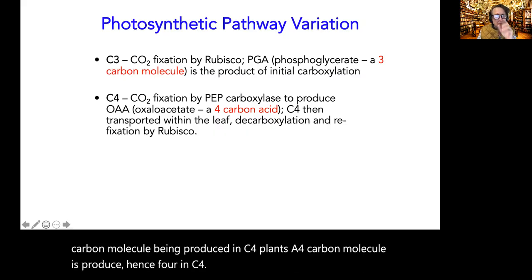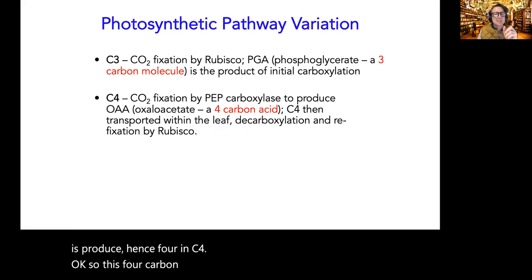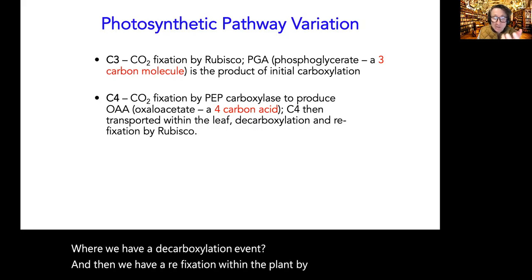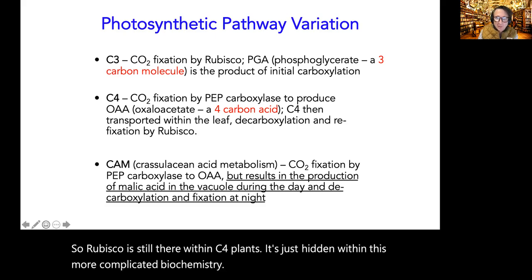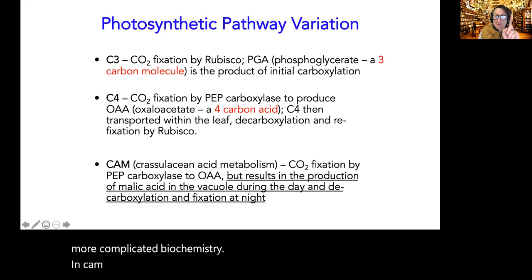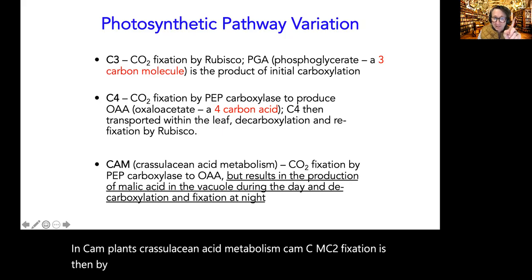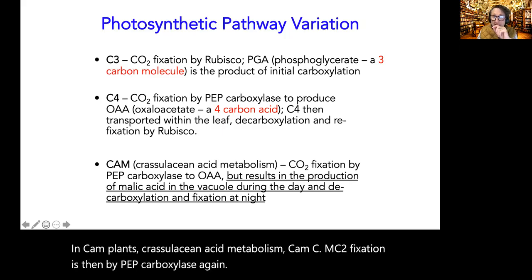Okay, so this 4-carbon acid is transported within the leaf where we have a decarboxylation event, and then we have a refixation within the plant by rubisco. So rubisco is still there within C4 plants. It's just hidden within this more complicated biochemistry. In CAM plants, crassulacean acid metabolism, CAM, CO2 fixation is by PEP carboxylase again to produce a 4-carbon acid, OAA.